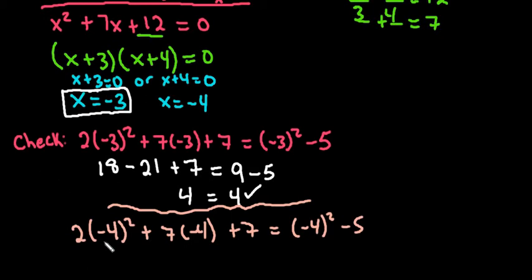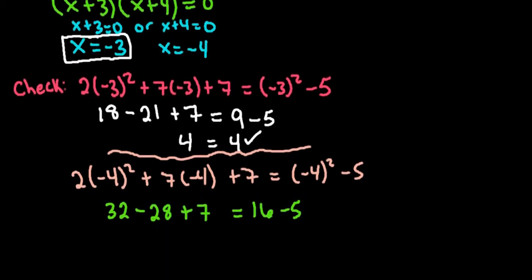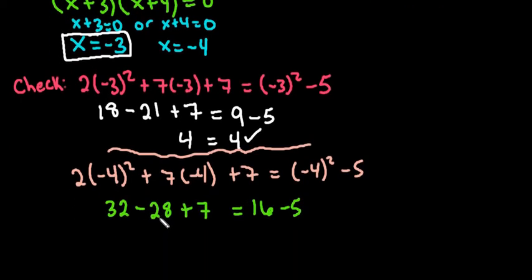Again, if we simplify this, this would really be 16 times 2, which is 32. This 7 times -4 would give me -28 plus 7, and we want to see, is that the same thing as 16 minus 5? So 32 minus 28 gives me 4, 4 plus 7 gives me 11, and 16 minus 5 also gives me 11, so we can see that these values do indeed work.